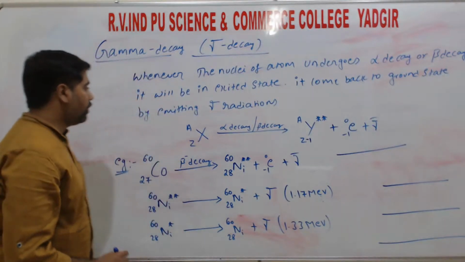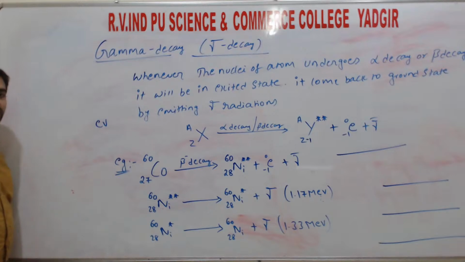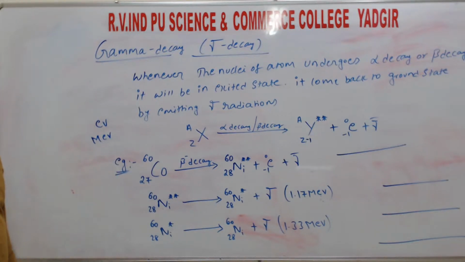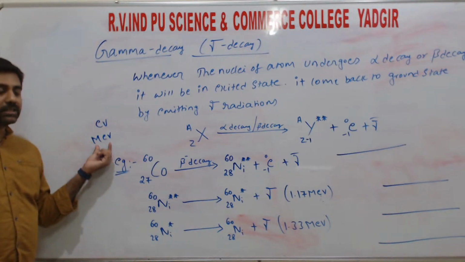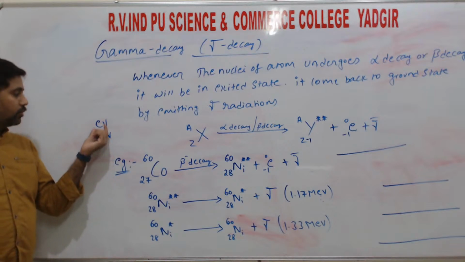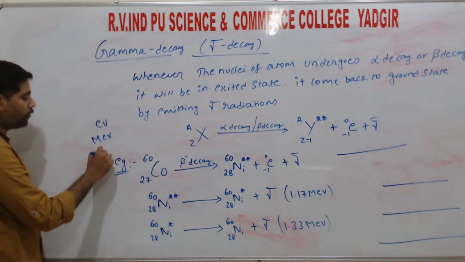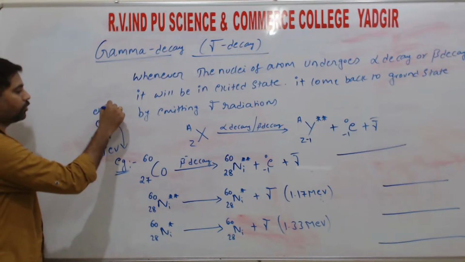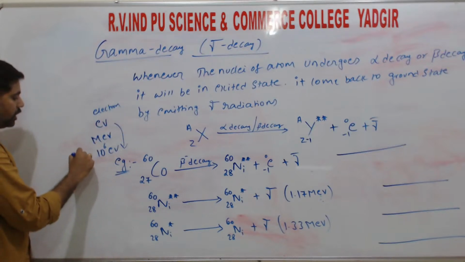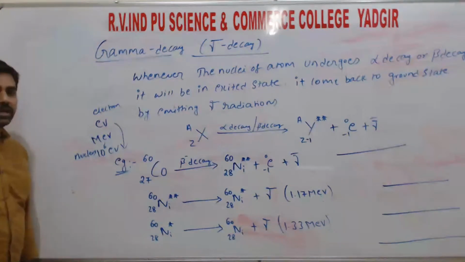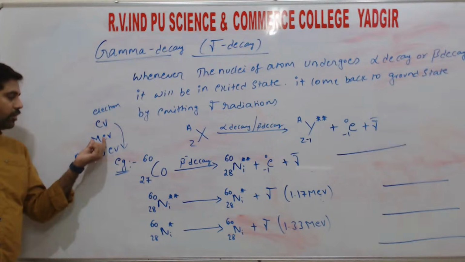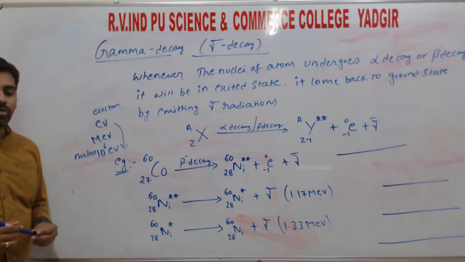In electrons, energy levels are measured only in electron volts, but in nucleus we have the energy levels in mega electron volt. That means it has higher energies compared to that of the electrons, because mega is 10 to the power of 6 electron volt.